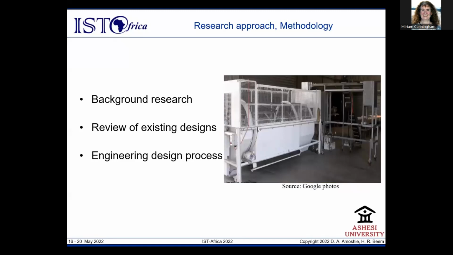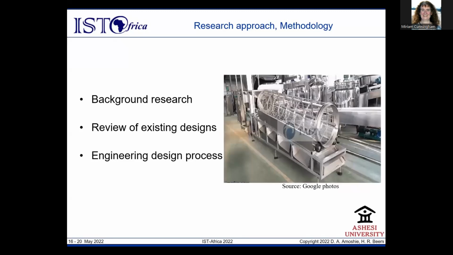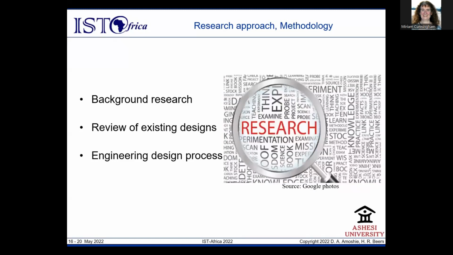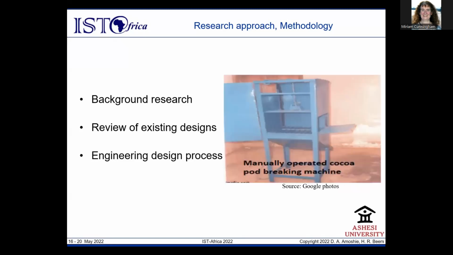For instance, through the existing design review, we discovered one of the first pod breaking machines, which was designed by the Cocoa Research Institute of Nigeria. It worked, but it appeared that this solution was not adopted because it crushed the husk into tiny portions mixed with the wet beans, which made separation challenging.